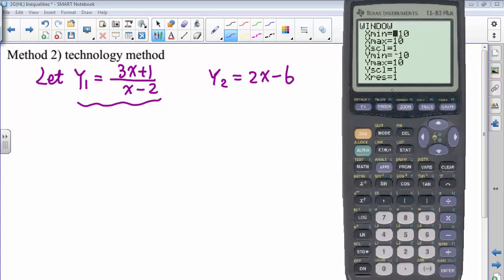And make sure your window setting, okay, that's the first step. You can put in the default setting: -10 to 10 for x values, -10 to 10 for y values. You can adjust the window settings later on. Now let's graph. So that's the graph I can get.